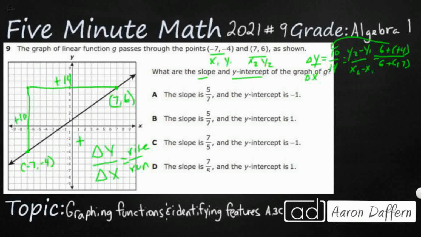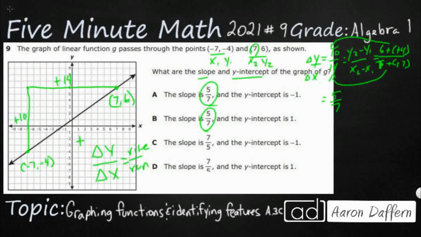And that's actually going to be, there we go, a 7, because there's my x2 right there, 7. See, that was my double check right there. I knew that wasn't right. There we go. It's +14. So if we want to simplify that, that's going to be 5/7.